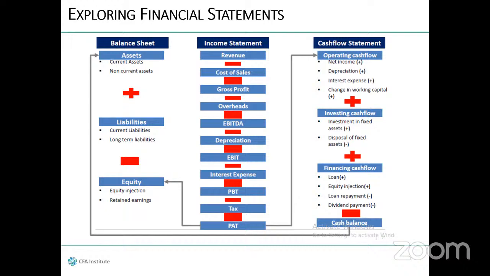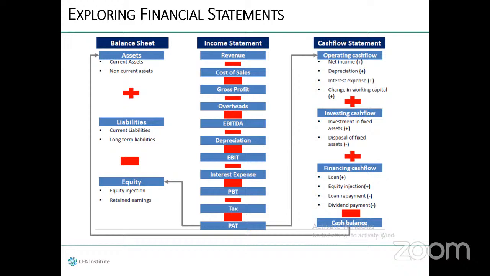EBITDA margin is EBITDA divided by revenue. Anything that has to do with margin, just know it as a percentage of revenue. EBIT margin, or some people will say operating margin, is EBIT or operating profit as a percentage of revenue. Cost margin is cost of sales as a percentage of revenue. PAT or PBT margin is also a percentage of revenue.